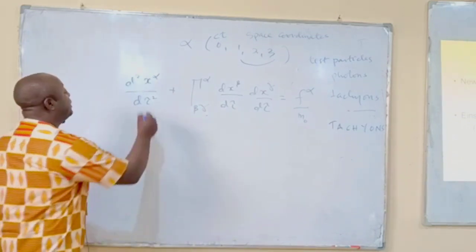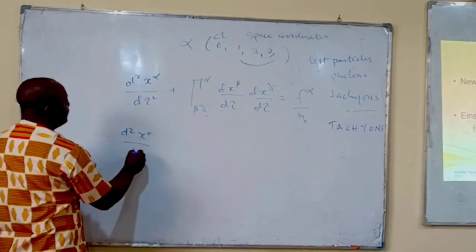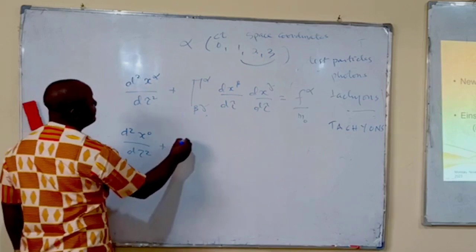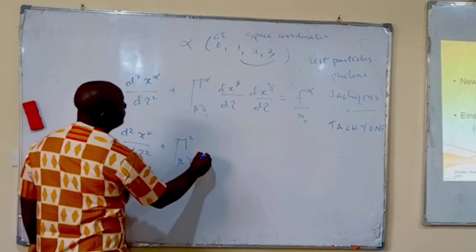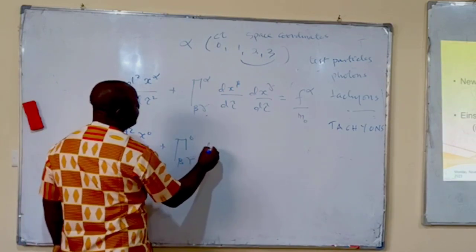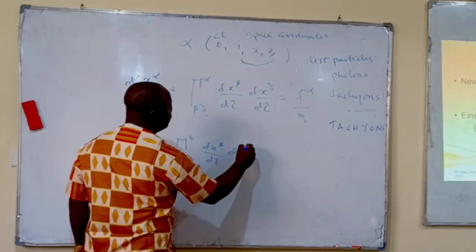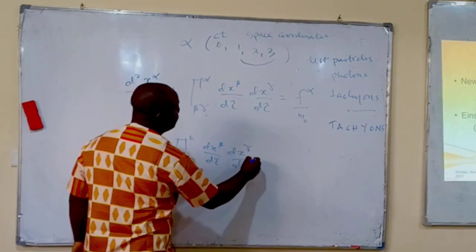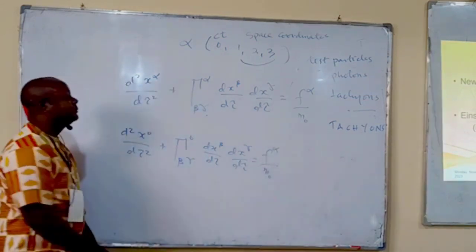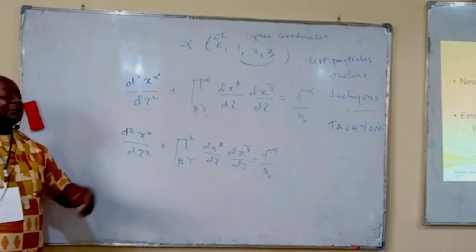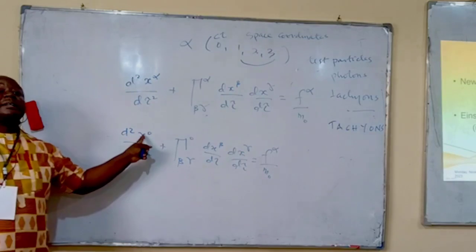We have the first equation when this is 0. This is the first equation. And then the second equation will be when this is 1.